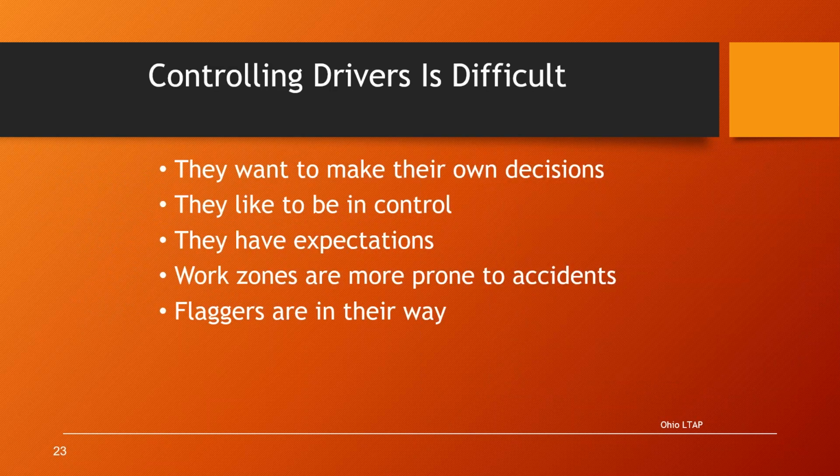But controlling these drivers can be difficult. They want to make their own decisions. Everybody's in a rush today. They want to be in control of the situation, and like I said, they think that we're just in their way. But work zones can be prone to crashes. Crashes do happen in work zones, so it's important that we be able to get their attention and control them.